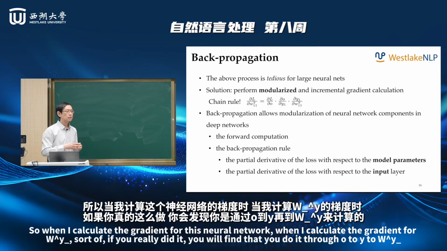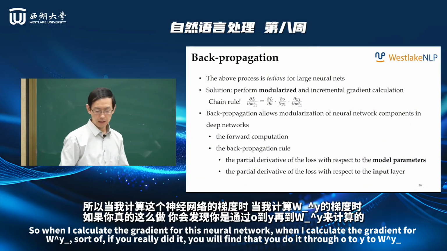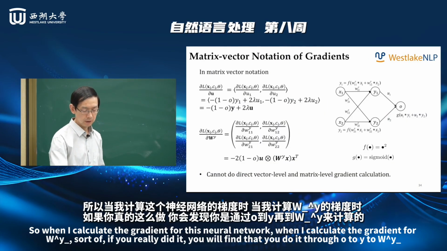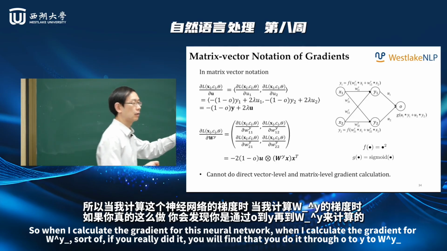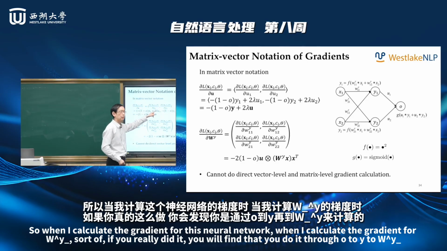So, when I calculate the gradient for this neural network, when I calculate the gradient for WY11, if you really did it, you will find that you do it through O to Y to WY11.